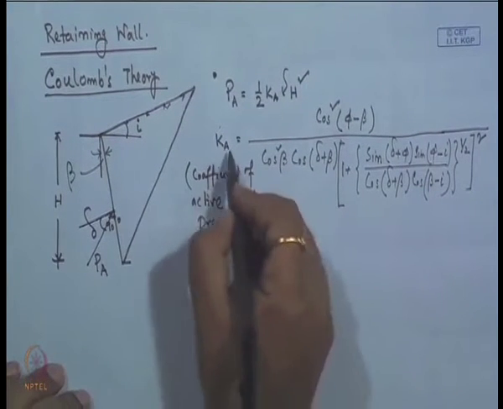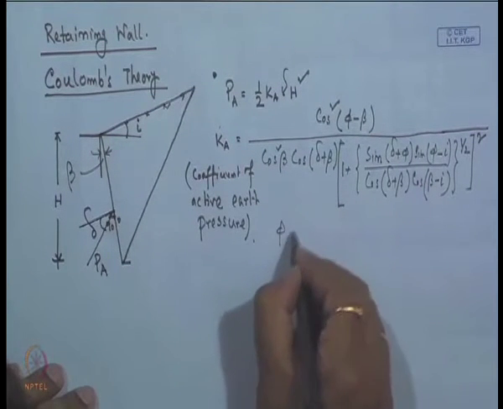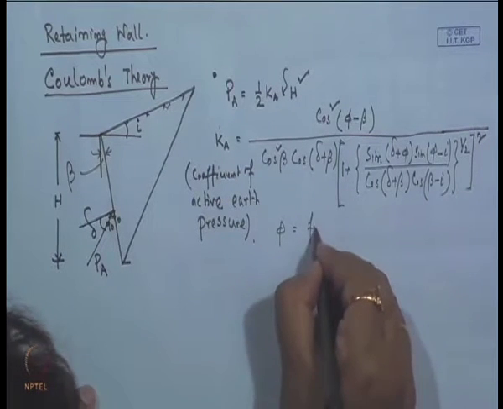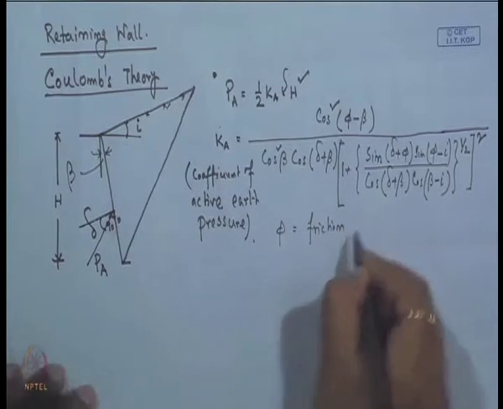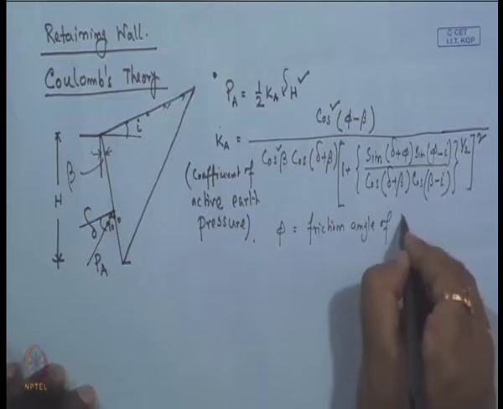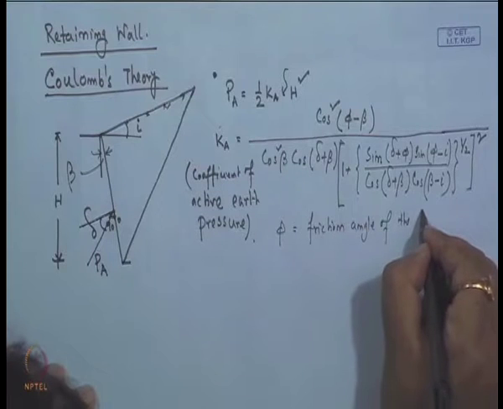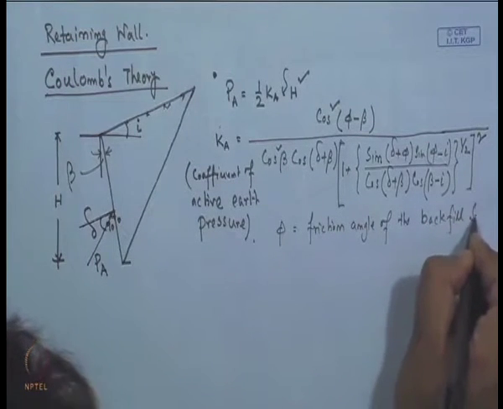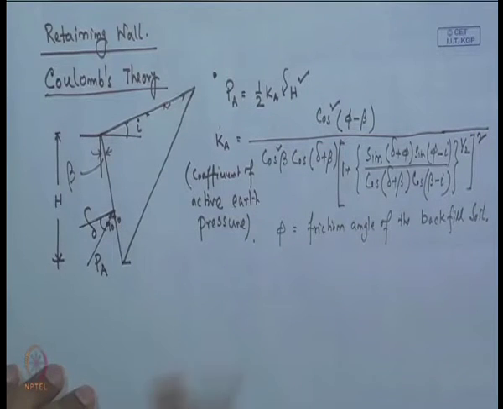So this is the coefficient of earth pressure, where phi is the friction angle of the soil, or angle of friction of the backfill soil.